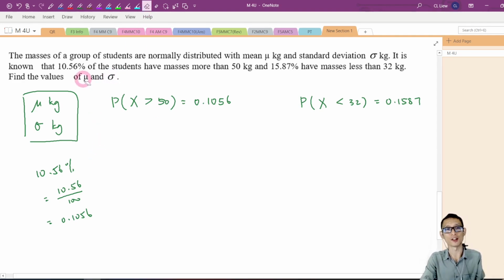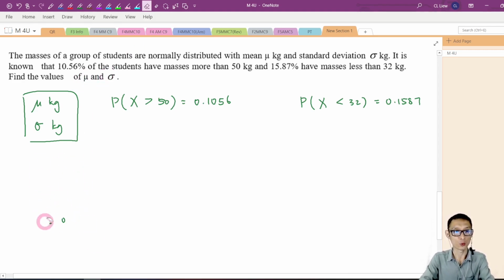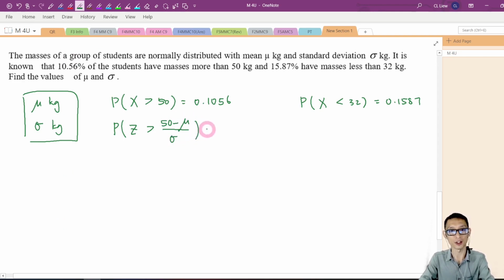You can just assume that this is x and this is y. We want to find the value of x and y. So first we have to form two equations. This is the x value. I'm going to convert it to z value: 50 minus mu divided by sigma. This is the mean, this is the standard deviation.